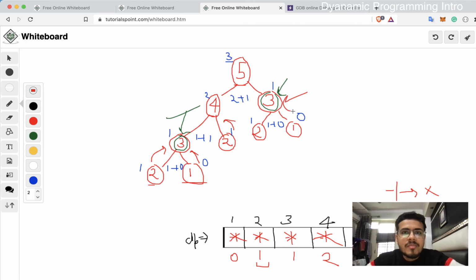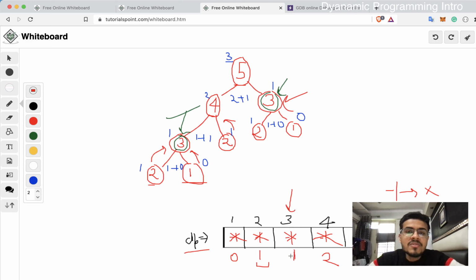But now the magic happens. The dynamic programming magic happens. What's that magic? There are two things. Either I should go to the below branch over here for calculating the third Fibonacci number again. But if I take a look at the DP array and at the third index, I see that the DP of 3 is not equal to -1.